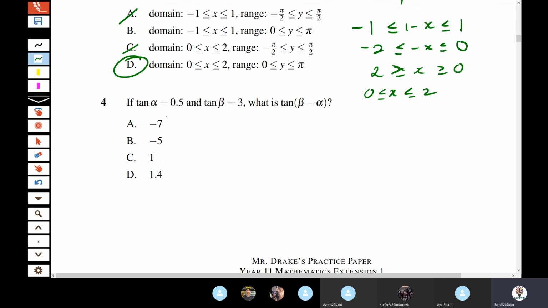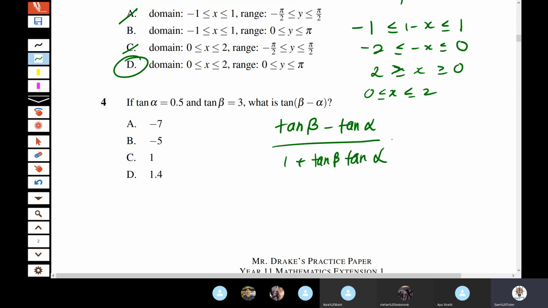Okay, next one. If tan alpha equals 0.5, tan beta equals 3, what is tan of beta minus alpha? Anyone remember the expansion to this? Tan beta minus tan alpha on 1 plus tan beta tan alpha.